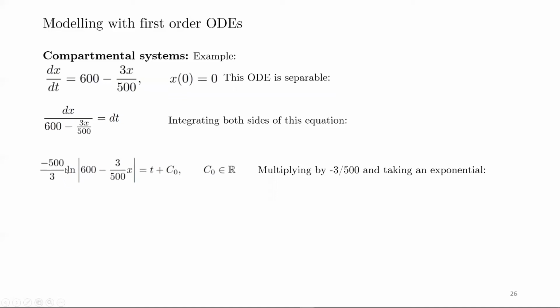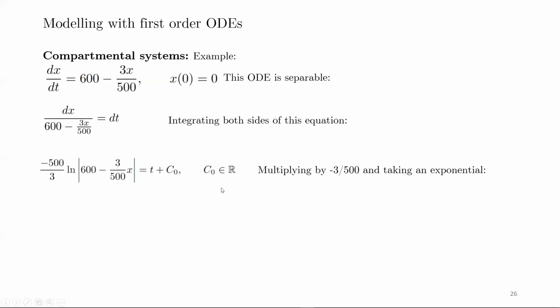So the solution to that ODE, perhaps you'd like to check, is negative 500 over 3 times the log of 600 minus 3 over 500x. Okay, and that is equal to, so on the right hand side we integrated 1 with respect to t, so that equals t plus some integration constant.